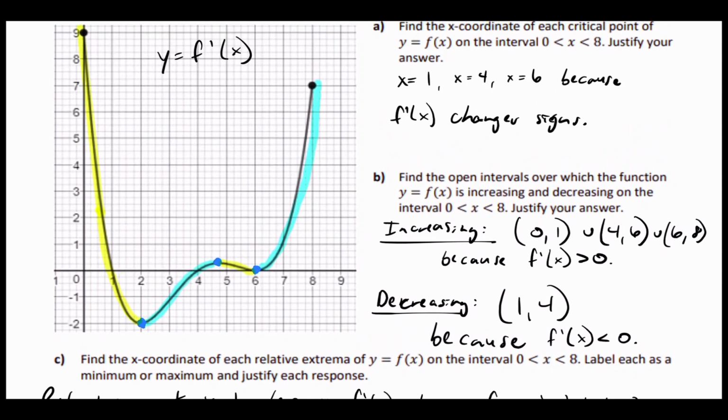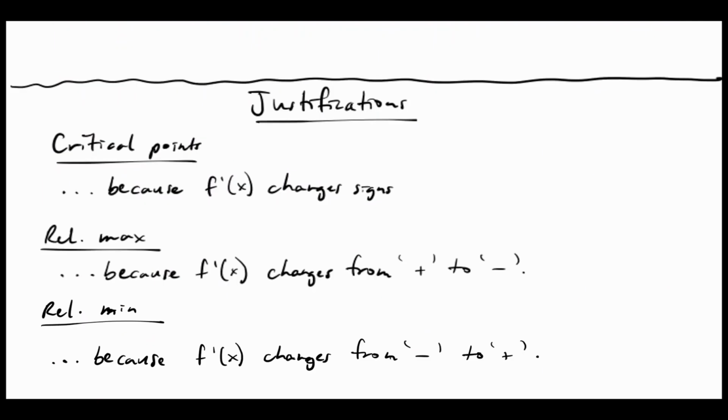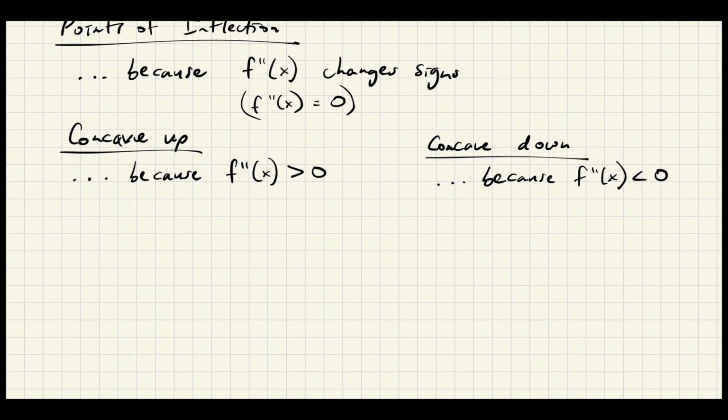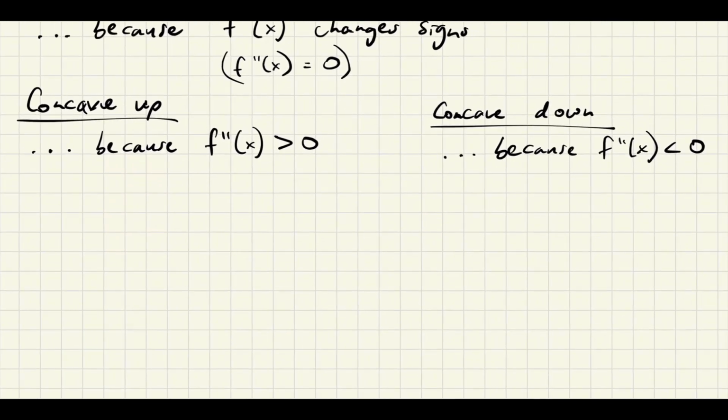We knew the blue was concave up because f double prime is positive, right? The slope. Those are going to be our justifications here. Concave up because f double prime is positive, increasing. Concave down because f double prime is negative, decreasing.